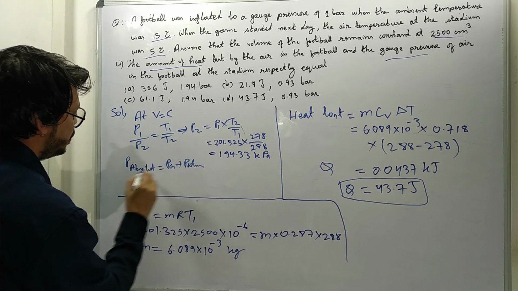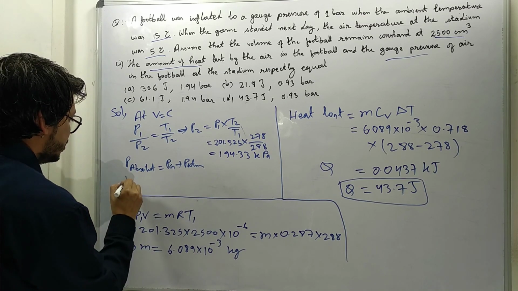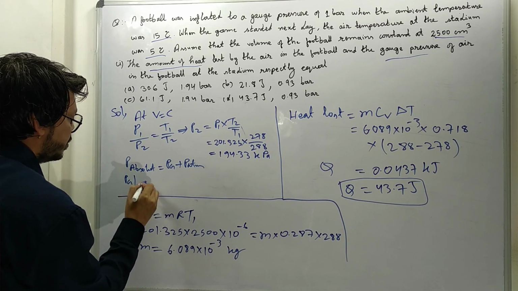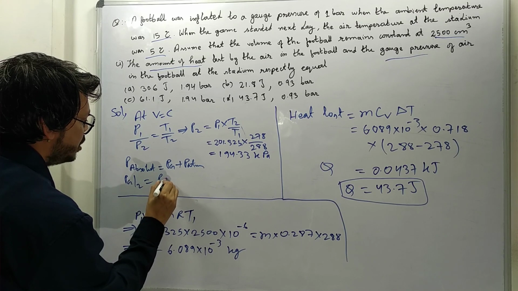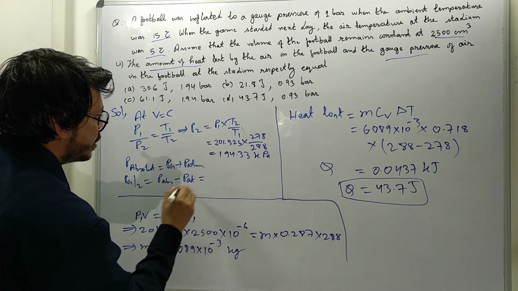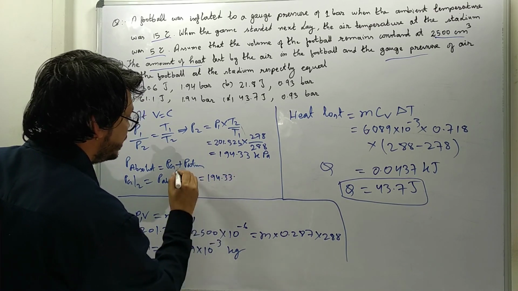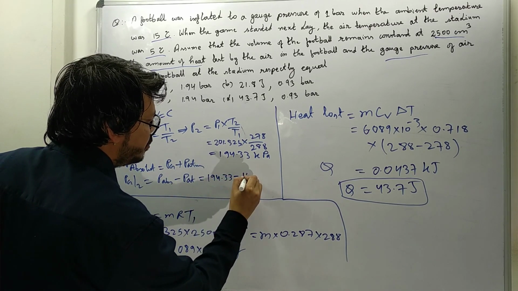Now we have P absolute is equal to P gauge plus P ATM. So P gauge at condition 2 is equal to P absolute minus P ATM. P absolute we have 194.33 minus P ATM we have 101.325.